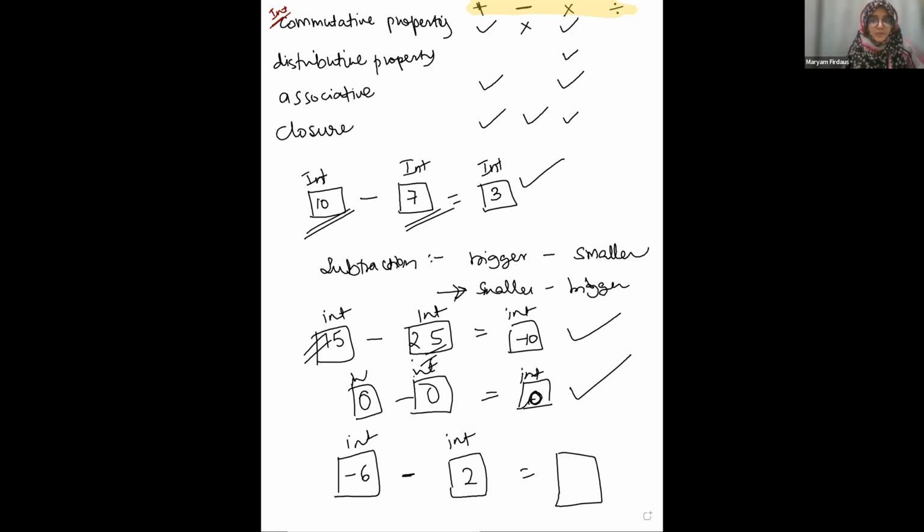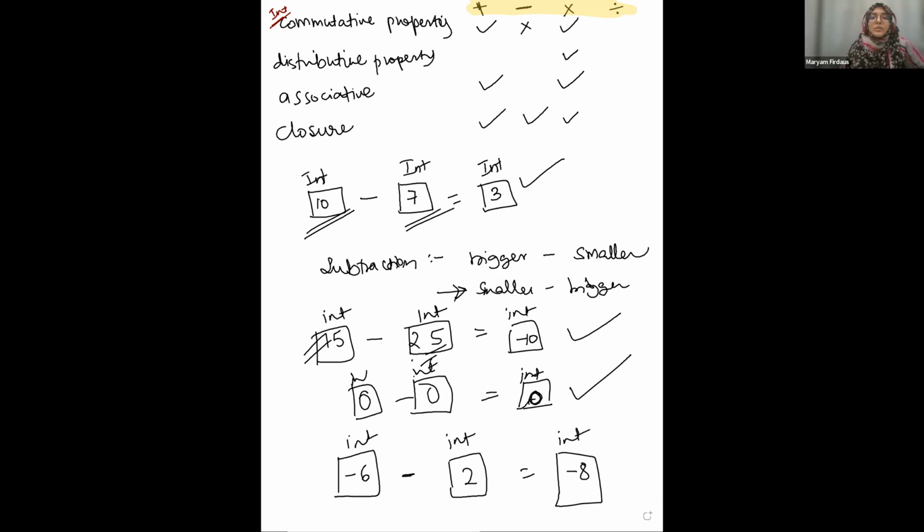We have to add 6 and 2, so that gives -8. Very good. Is -8 an integer? Yes, it is an integer.